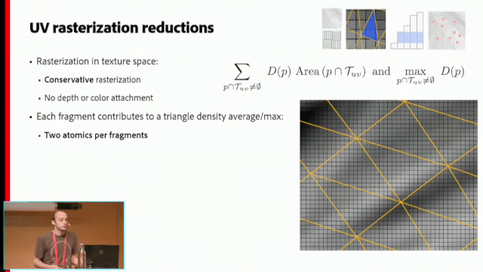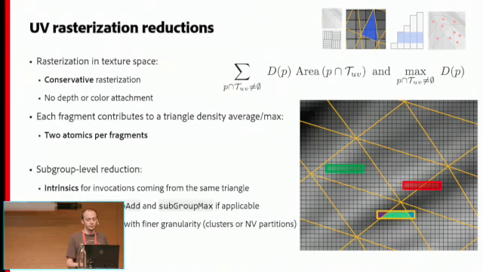Each thread is considering one pixel here. And we have two atomics per fragment, one for the max density and one for the average density, which is kind of cheap on current GPUs, but still is a bottleneck.